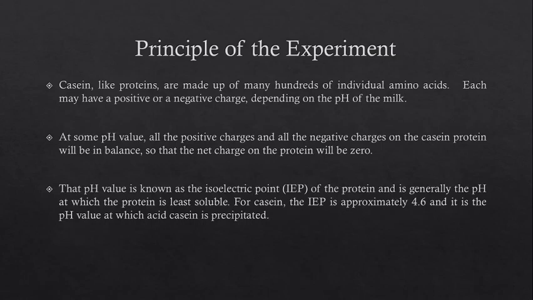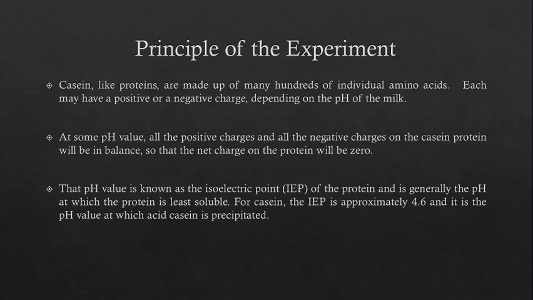What is the mechanism by which, at the normal pH of the milk, the casein is soluble, but if we reduce the pH of the milk the casein is insoluble? The answer lies in the isoelectric point. What is the isoelectric point?